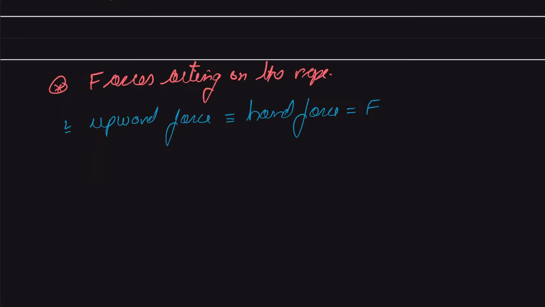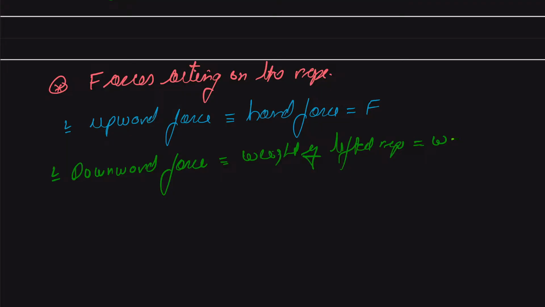Then we are having a downward force, and the downward force is the weight of the lifted rope. Suppose that is given as W, and W is equal to the total mass of the lifted rope, that is MA, multiplied by g.